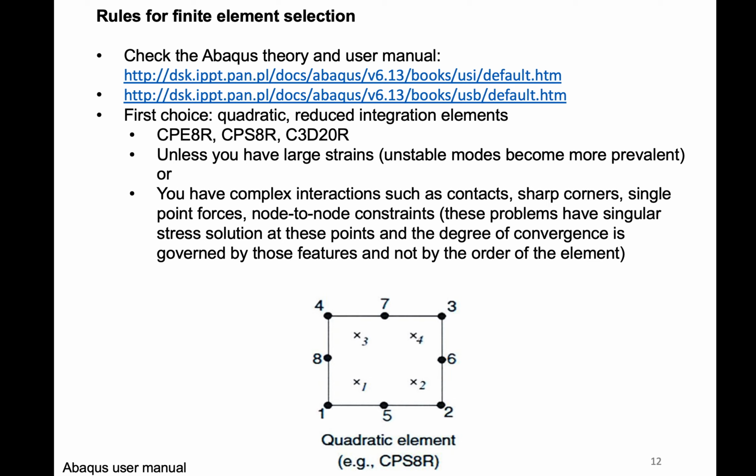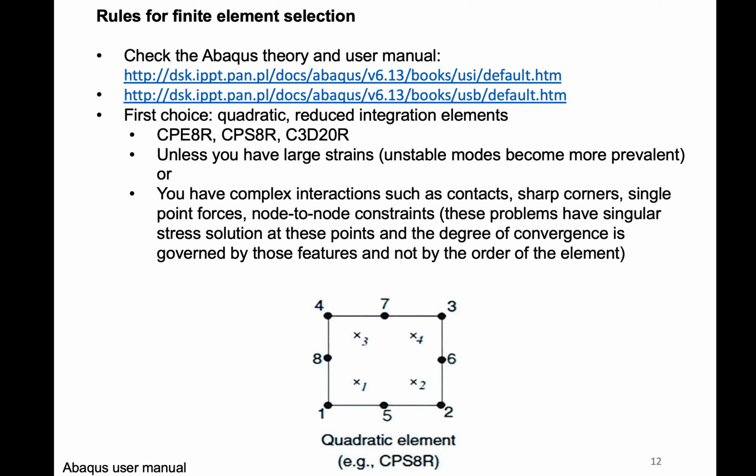Unless you have large strains where you have unstable modes, then maybe you want to be careful with the reduced integration. But for a relatively well-behaved problem, these quadrilaterals or cubes with reduced integration will work.